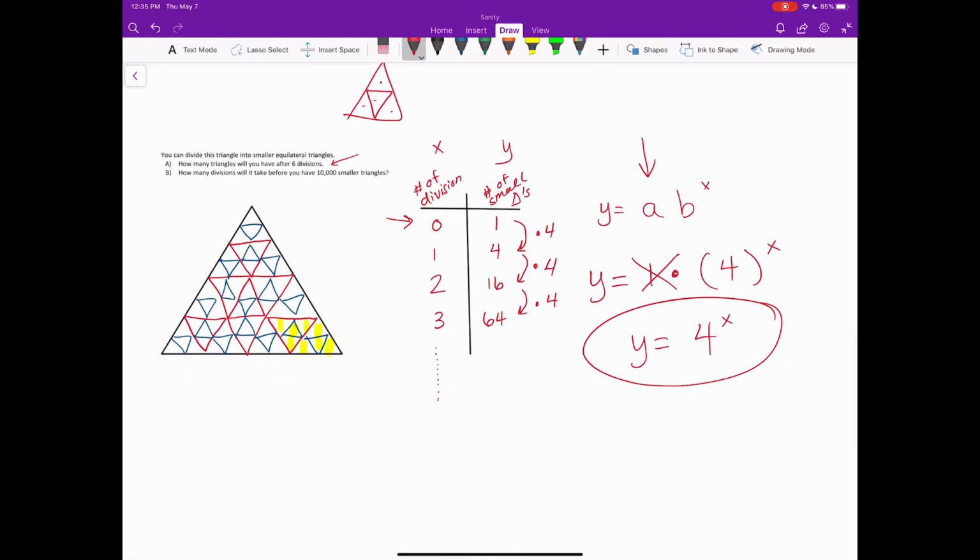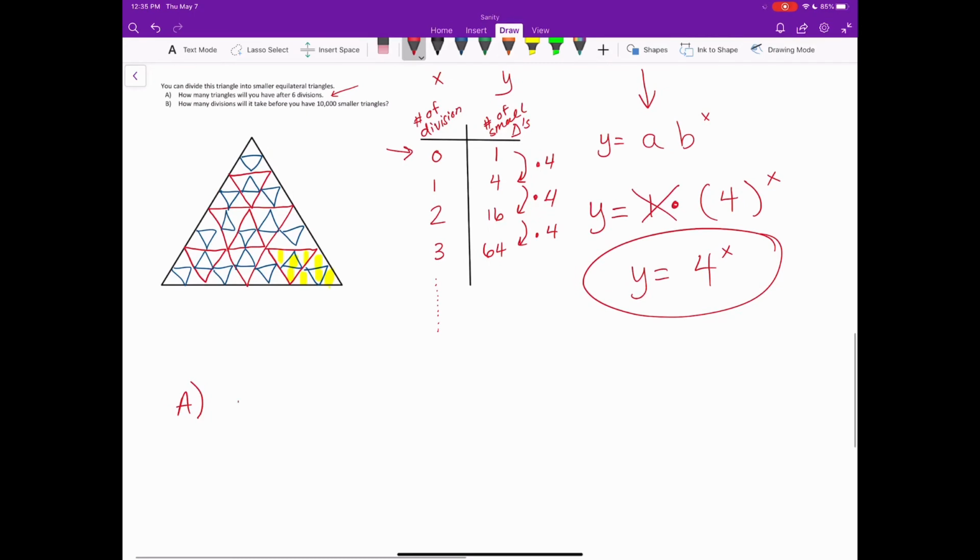And I'm asking, how many triangles would you have after 6 divisions? So when we have 6 rounds of division, after x equals 6, let's just plug that in here. So I'm going to say that part A, y equals 4 to the power of 6, and that's just a quick one. Well, 4 to the power of 6, I plugged that into my calculator, and I got 4,096, okay?